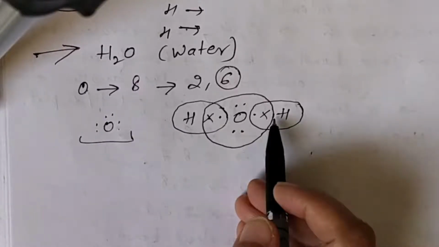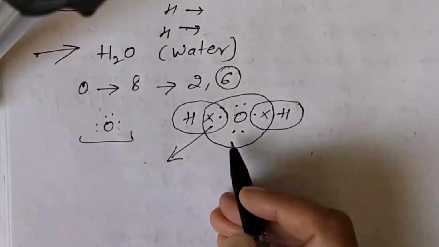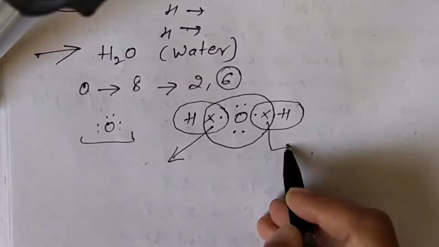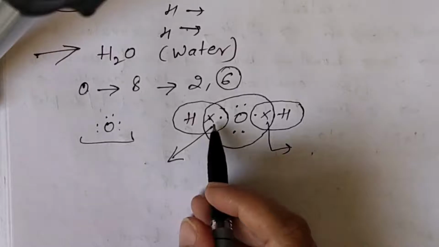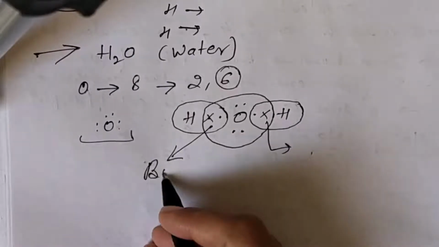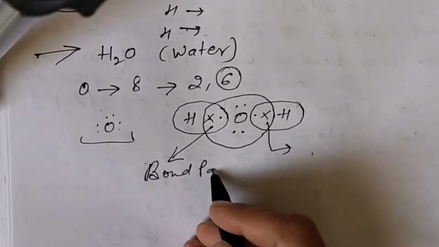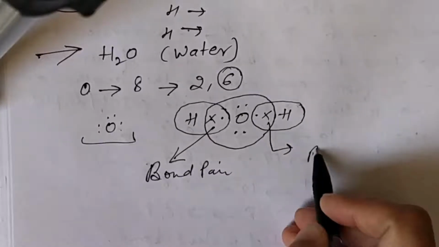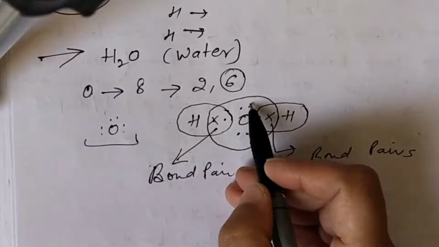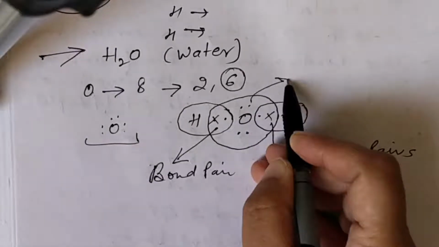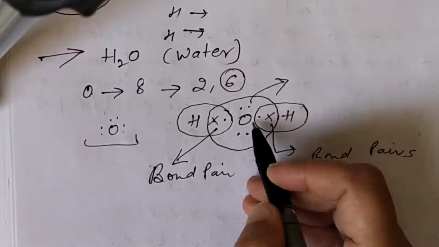So here we are going to discuss a new term. Apart from the bond pairs, how many bond pairs are there? Two bond pairs are there, and the electron pair which does not participate in bonding is called a lone pair.